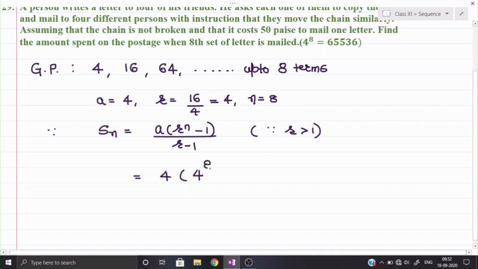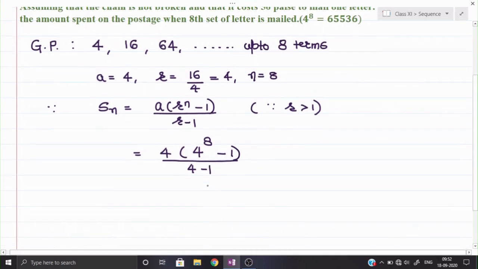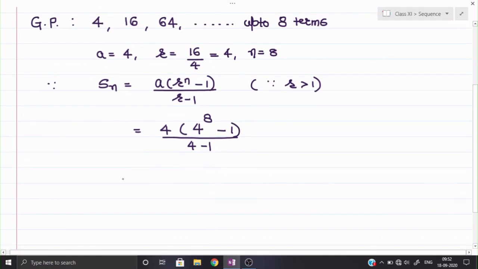The value of 4 to the power 8 we have already written, 65536. So this will be 4 upon 3 into the bracket 65536 minus 1. In the examination, if it is becoming lengthy and you do not have time, you can leave it till here also.